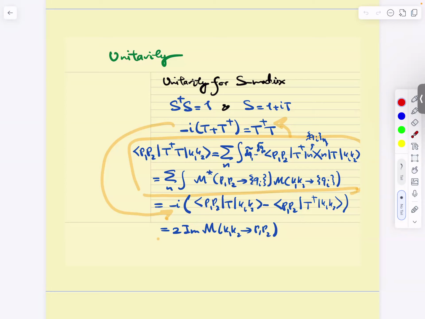A single T was related to one amplitude. So this would be minus i, P1, P2, T of K1, K2, minus P1, P2, T dagger.